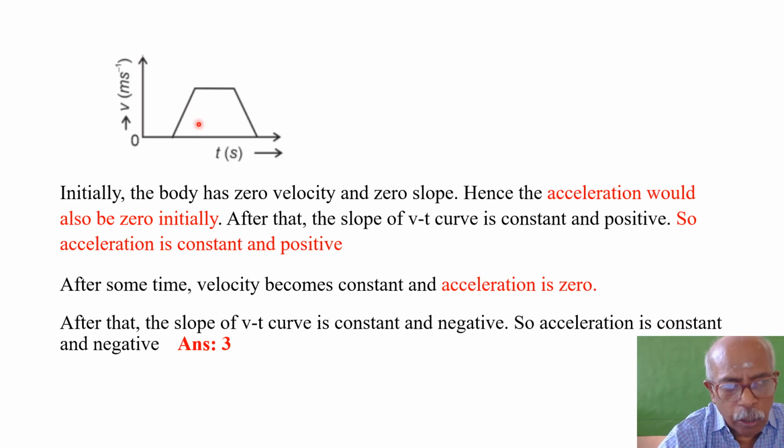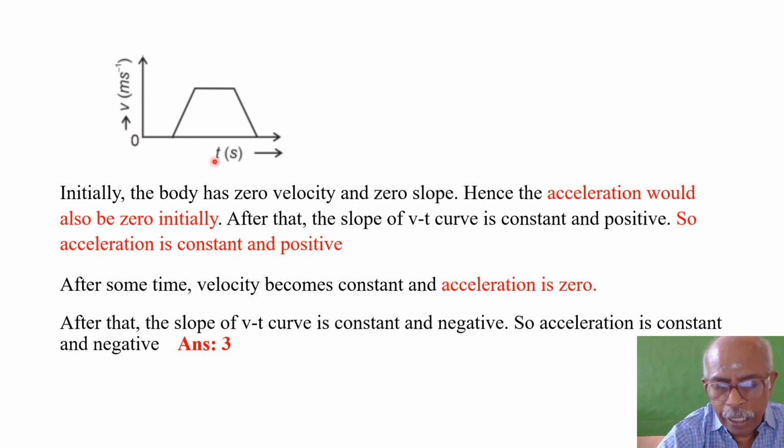We can find the slope of the graph. What does it mean by the slope of the graph? For a straight line, say y is equal to mx plus c, m is the slope. What is the formula for slope? m is equal to dy by dx. In this graph, this is dv by dt.